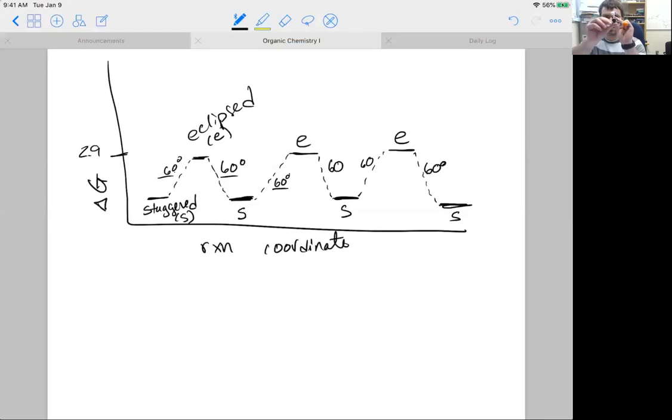So this is our first 60-degree rotation, our second 60-degree rotation, our third 60-degree rotation, which puts the two groups right on top of each other. Let's see, after three 60-degree rotations, are we at an eclipsed conformation? There's 1, 2, 3, and we're at an eclipsed conformation. So we're tracking pretty well. 4, 5, 6, back to the original structure.